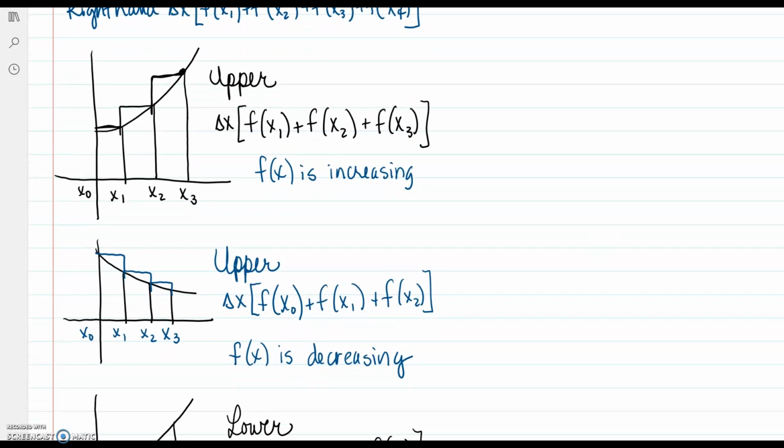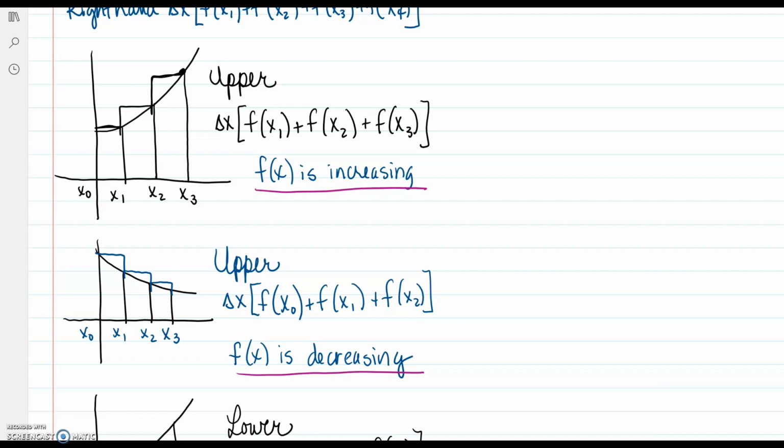Upper versus lower can be a little bit different, and it all depends on whether your function is increasing or your function is decreasing. So here I just used 3 rectangles. Again, my change of x is just the width of each one of those rectangles.